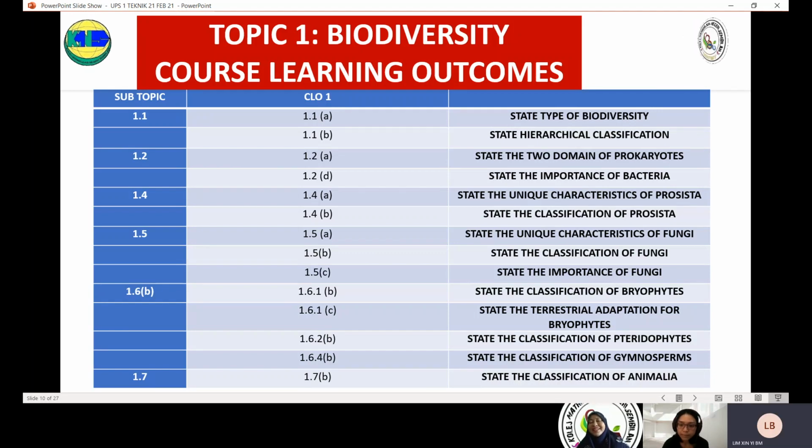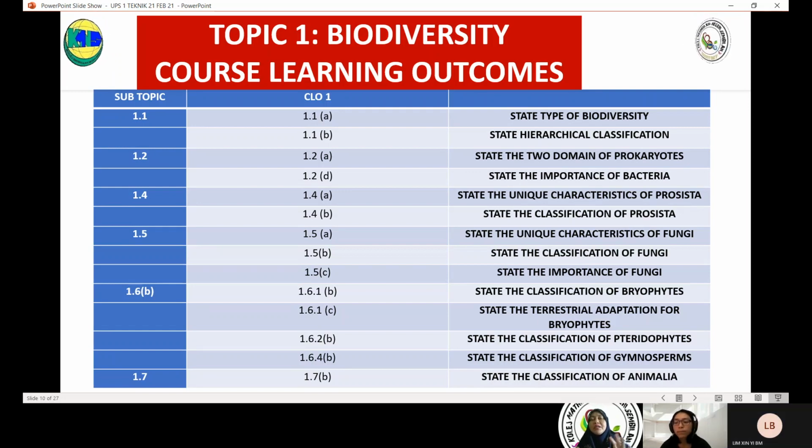Because for 1.7, they have 9 phyla, and each phylum has its own unique characteristic, especially the 5 evolutionary characteristics. Even though that one is more to task 3 for your assignment, you still need to understand.